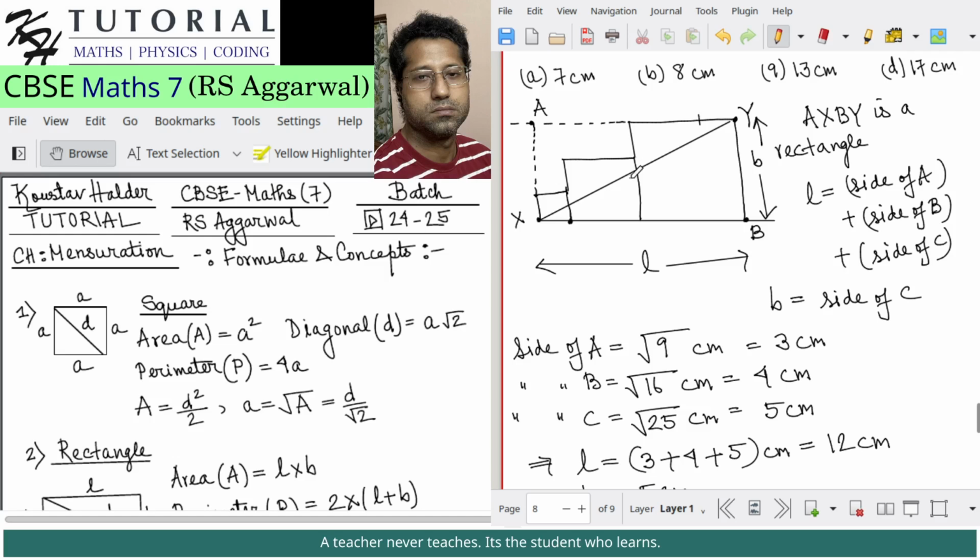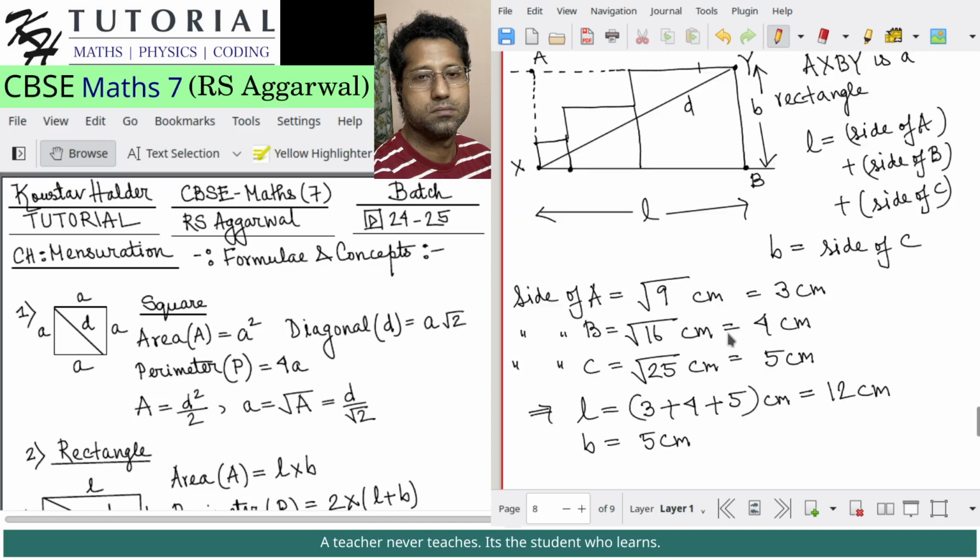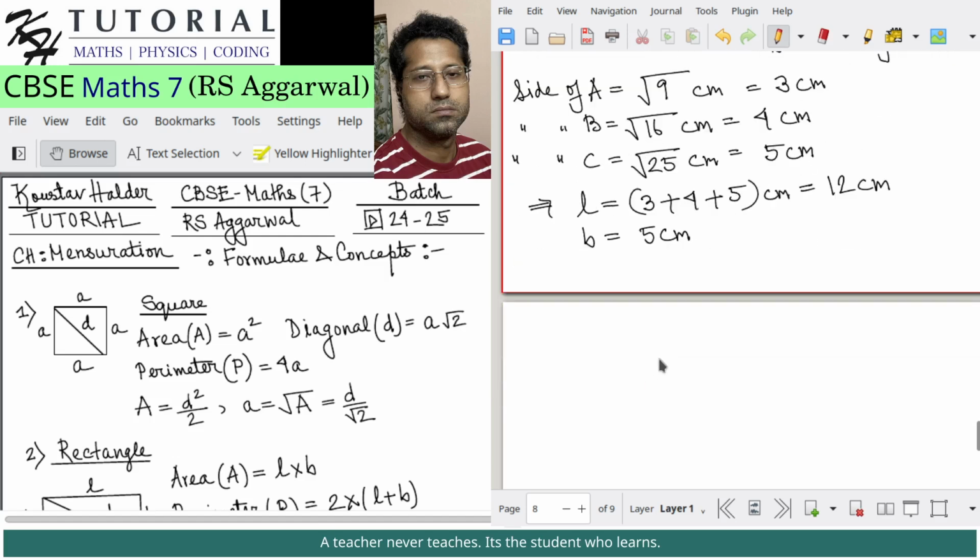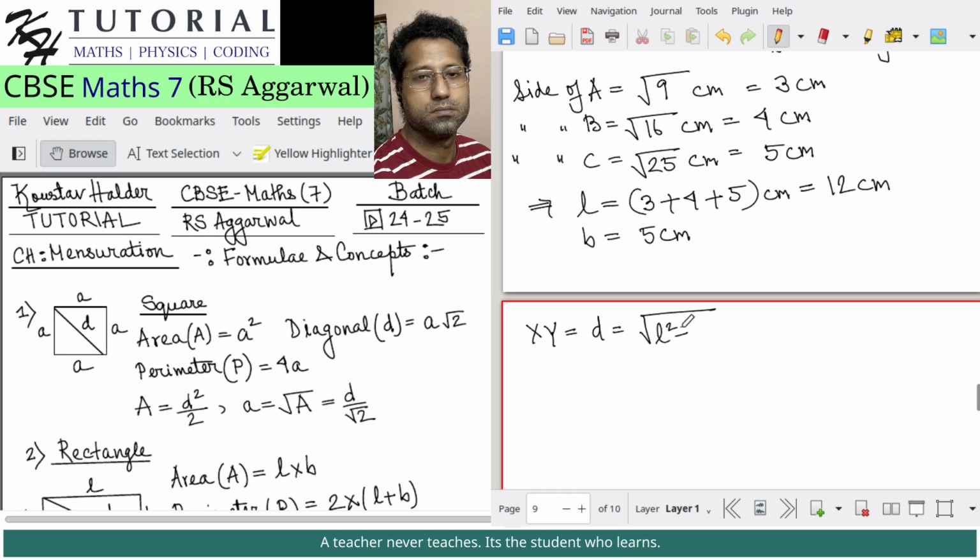Now what is XY? XY is nothing but the diagonal of the rectangle AXBY, because X and Y are two opposite vertices of the rectangle. So XY is equal to the diagonal, which for a rectangle is the square root of L square plus B square, that is the square root of the sum of the squares of the length and breadth.